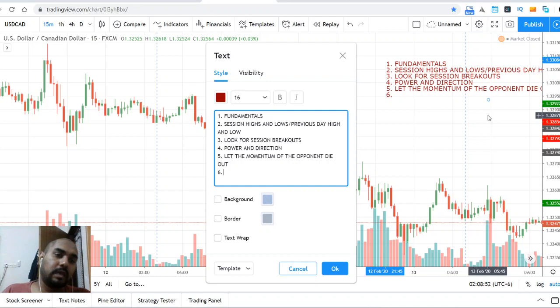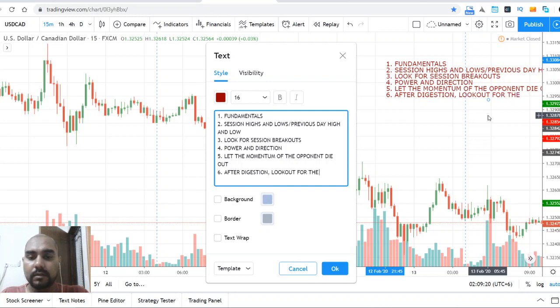After that comes the rollover phase, which is also called the money spot by Naveen. After digestion, look out for the money spot.